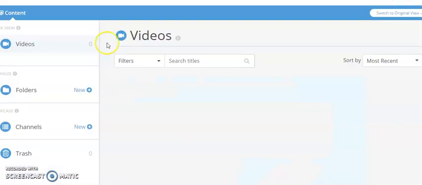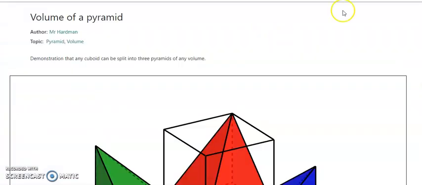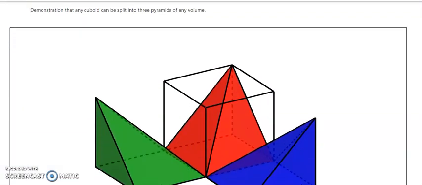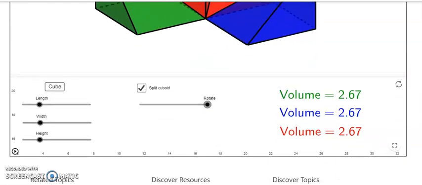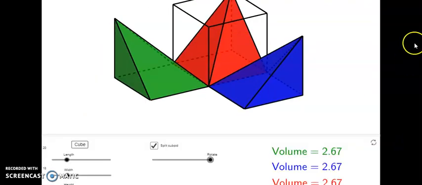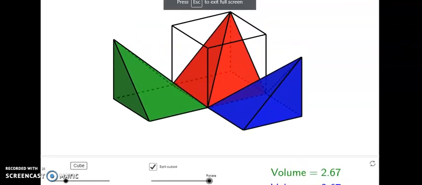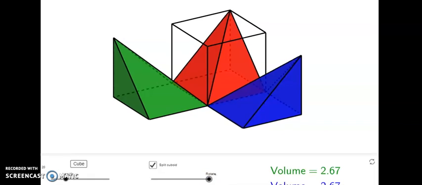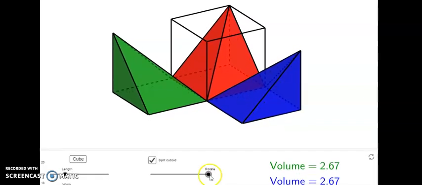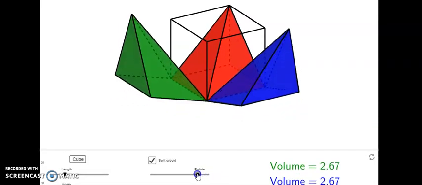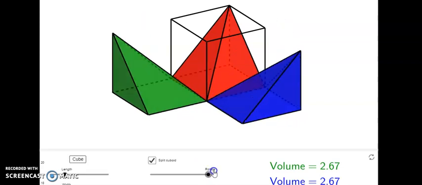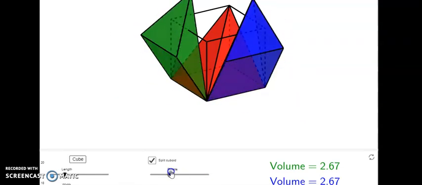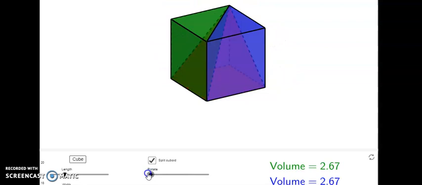What that relation means is that if I fold this pyramid, there are 3 pyramids here. If I fold them, I will have the complete cube that is there.